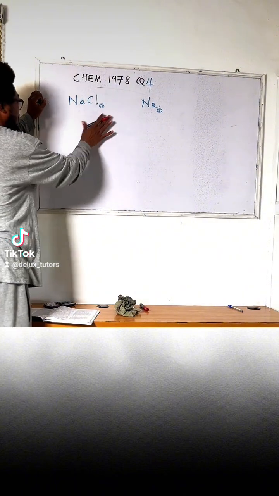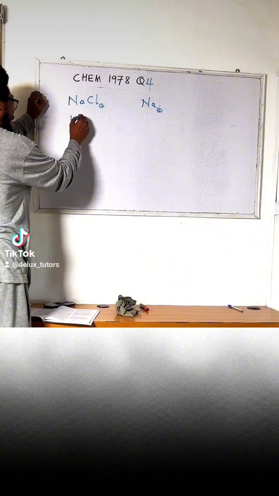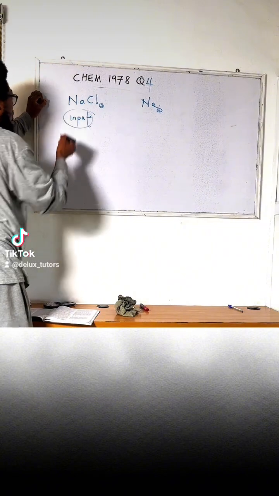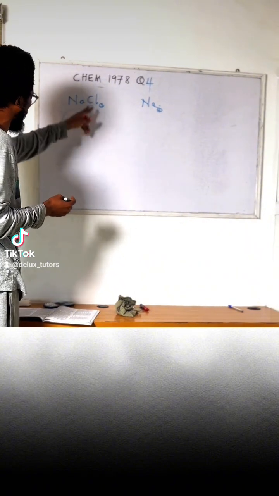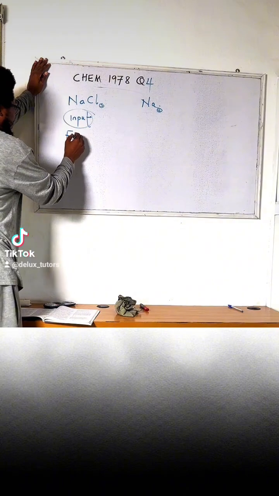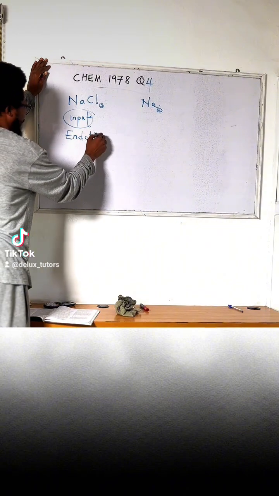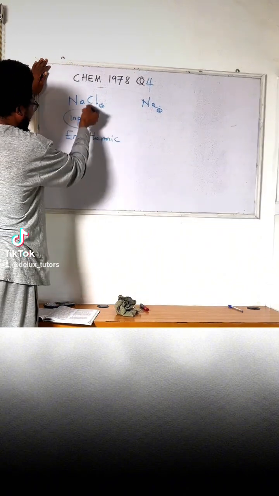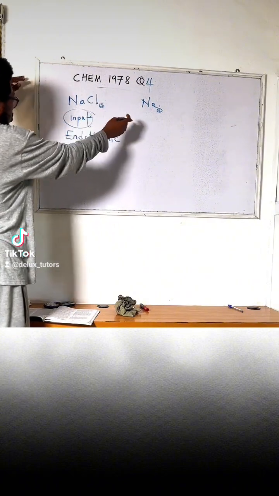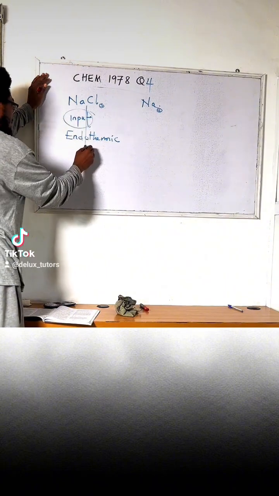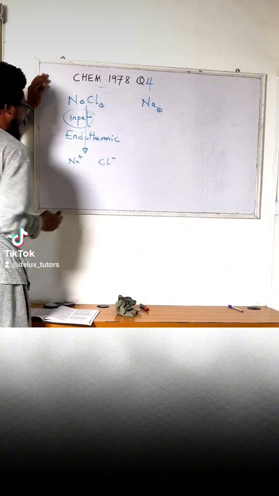And in chemistry, anytime you input energy, whenever energy goes into a reaction, we say the process is endothermic. So putting energy in here is endothermic, and we need the energy to tear this into ions. So when the energy goes in, the sodium chloride becomes Na+ and Cl-.